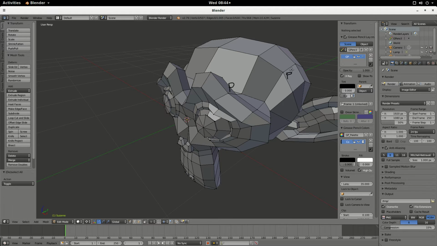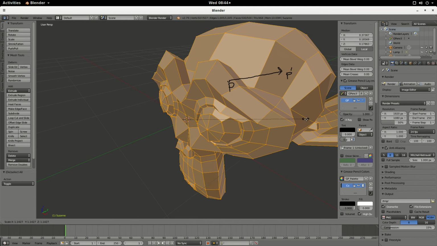Say our previous point was P, and now it moved to P prime. We want to devise a formula for each of these things. This one was a very simple translate, right? But we could also scale things up.